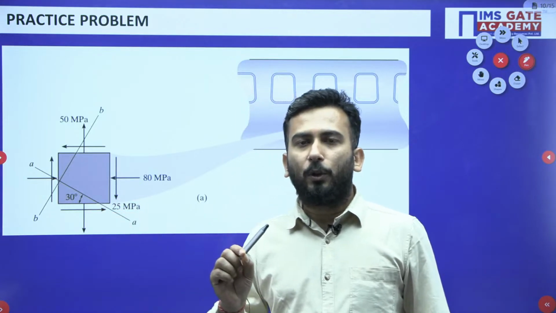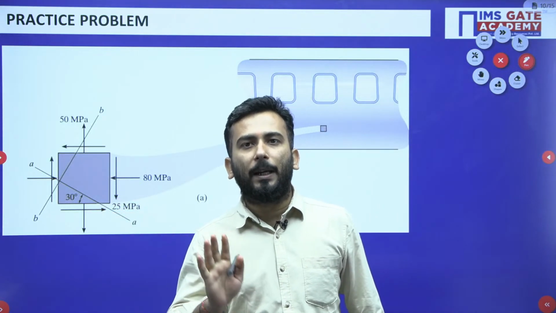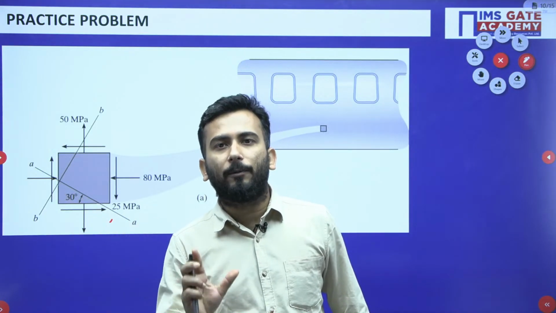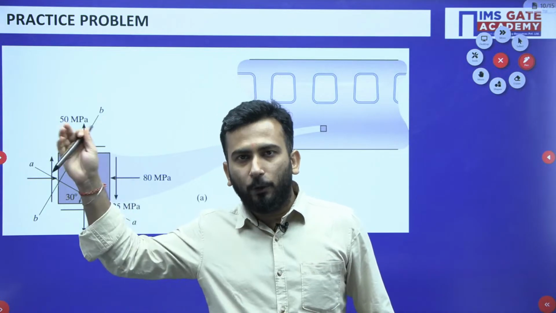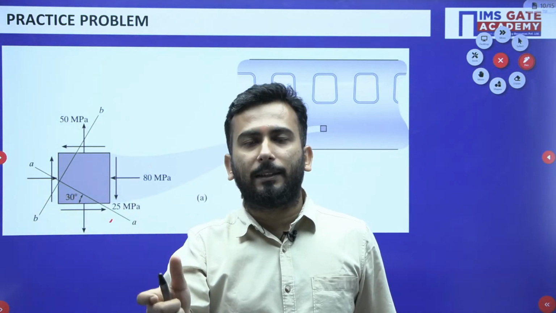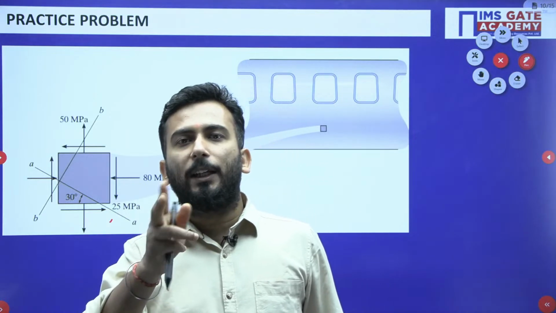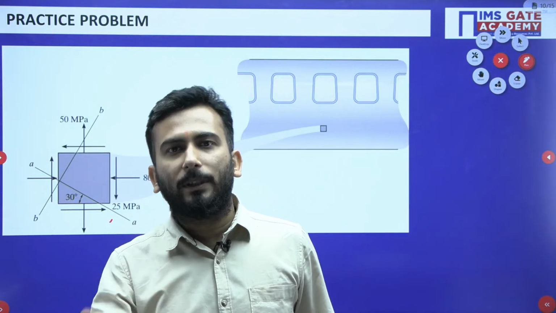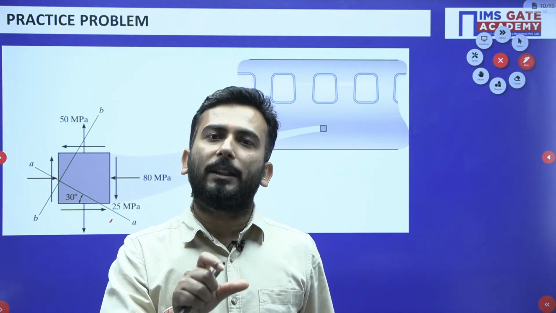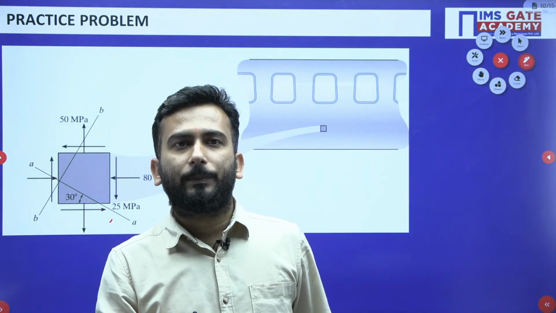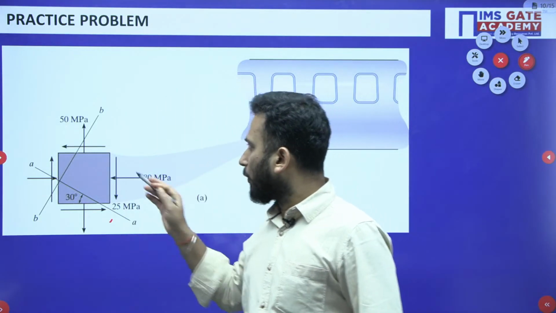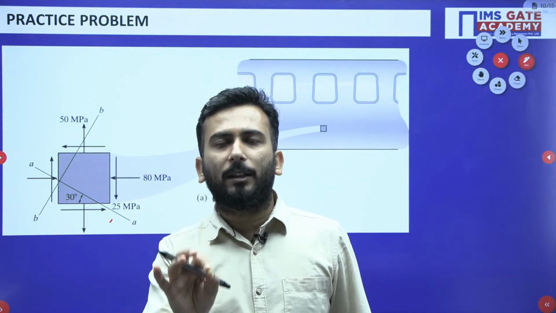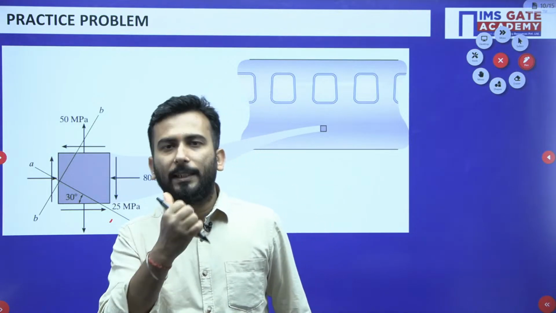At least now you will not be surprised how this picture has come into existence, because you have seen that earlier it was a 3D stress condition, then the forces in the z direction were taken as 0, and how they have been converted to only forces of x and y. Now you will have no problem. So this is the state of stress, planar stress condition. Why planar stress? Because z direction forces are completely 0.